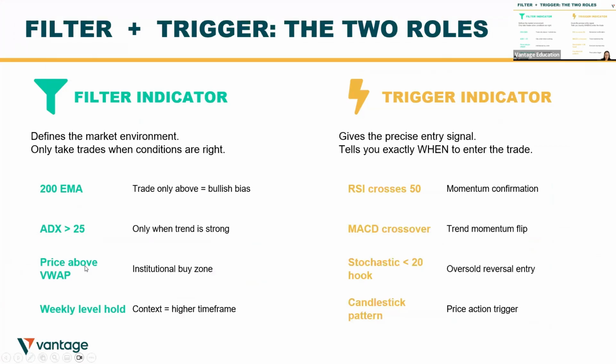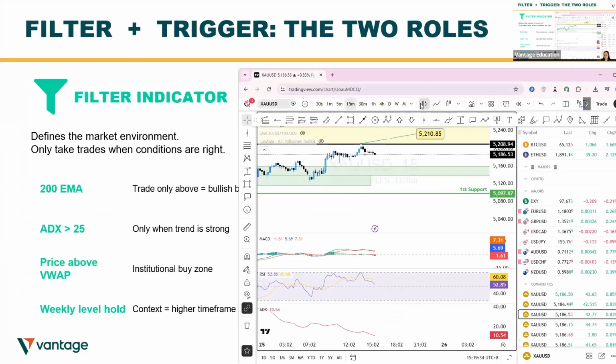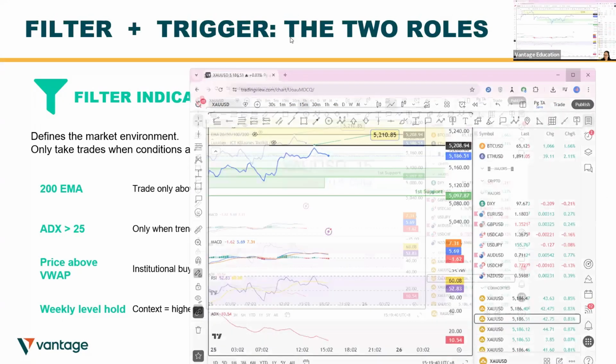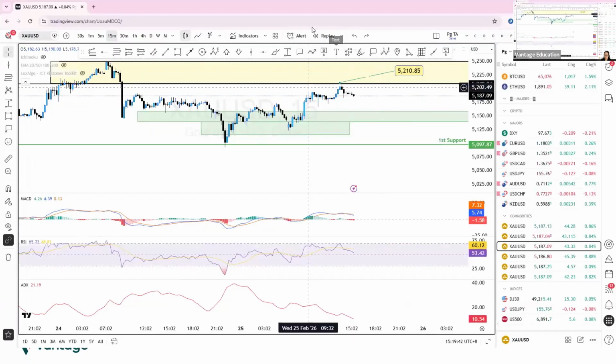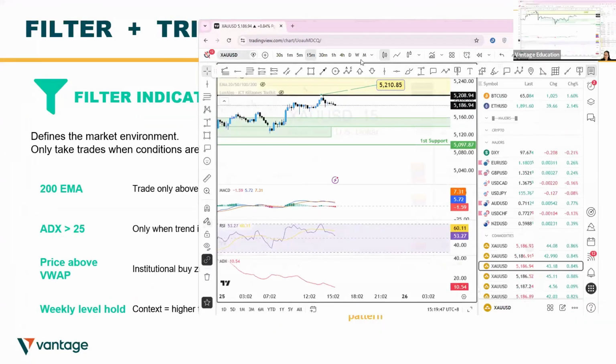Price above VWAP, volume, what is it? Something like that, right? Let me try. Let me go to indicators.